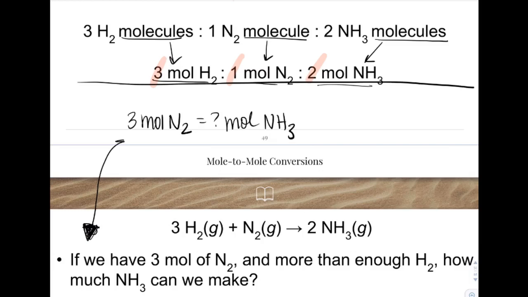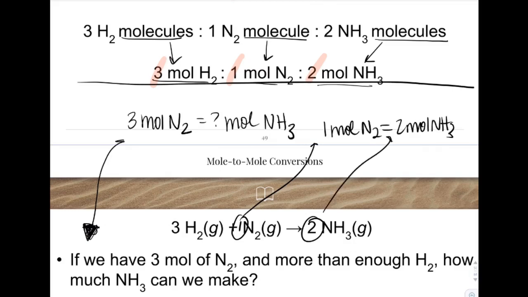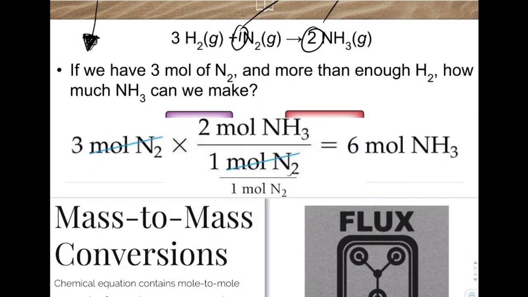I look at my chemical reaction, and I see there's a 1 here and a 2 here. So 1 mole of nitrogen is equal to 2 moles of ammonia. That comes from my balanced chemical reaction. And so I can set this up as 3 moles of nitrogen in a 2-to-1 ratio will give me 6 moles of ammonia.